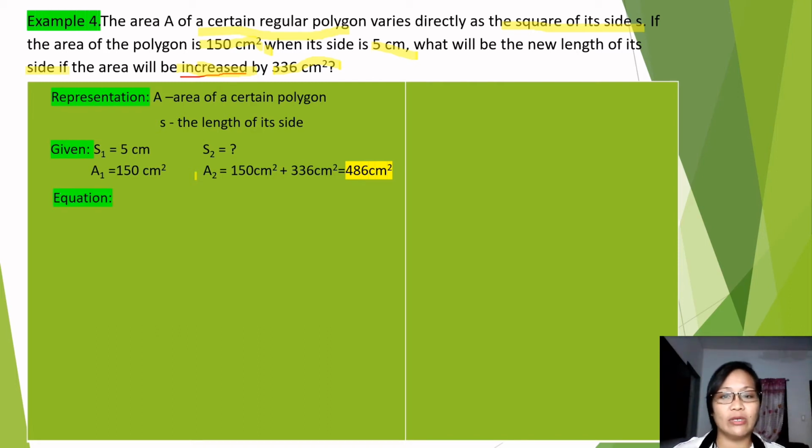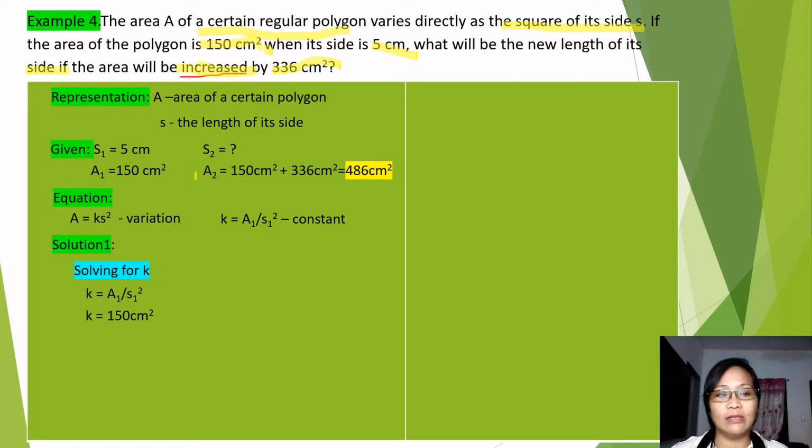For our equation, for our variation, we have A is equal to K S squared. And for our constant, K is equal to A sub 1 over S sub 1 squared. Solving for K, we substitute. For A sub 1, we have 150 centimeters squared all over S sub 1, which is 5 centimeters, squared.